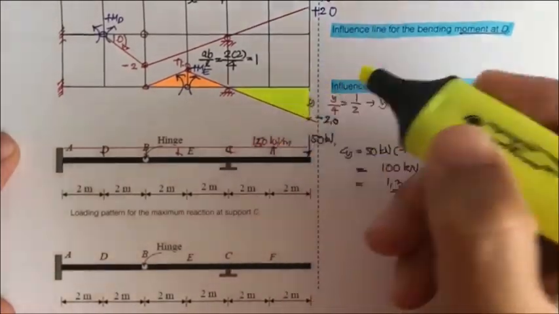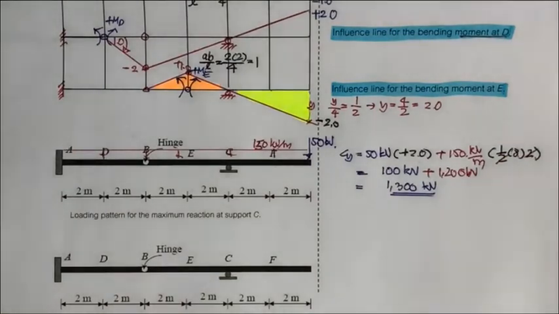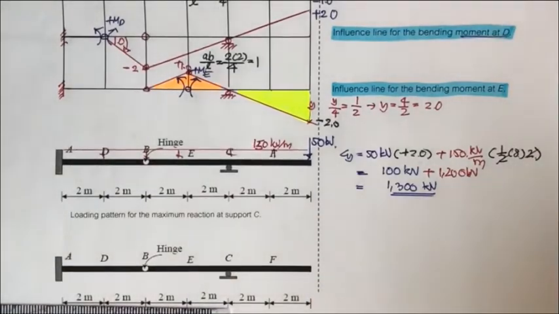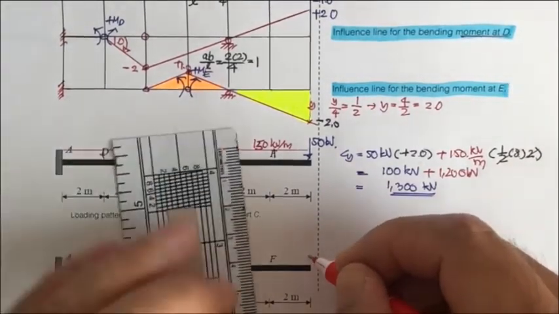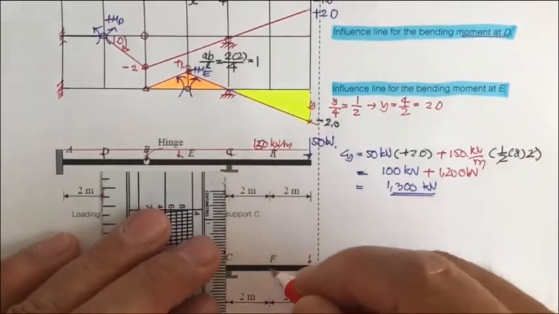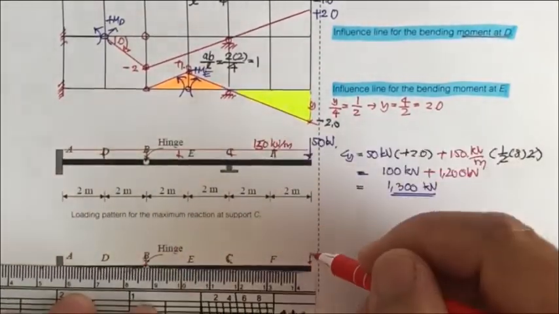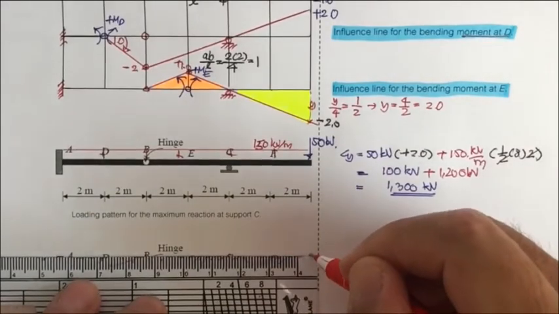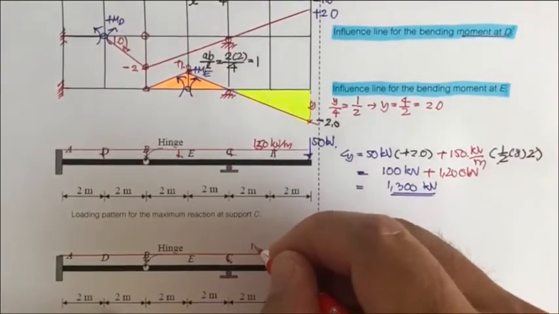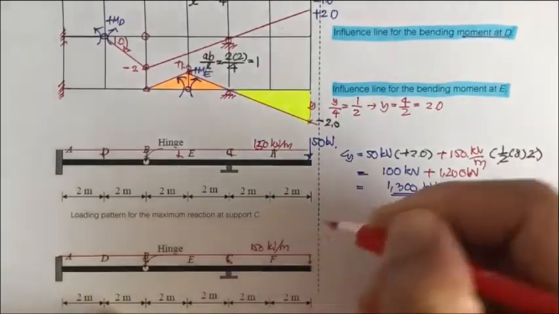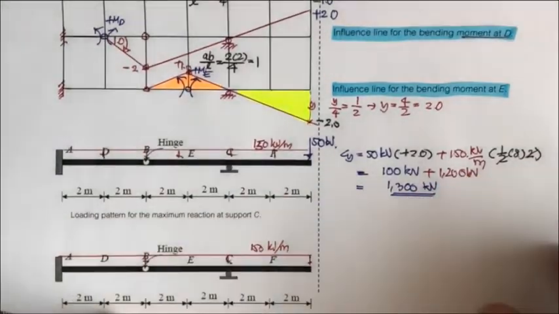It's going to be the governing portion. Okay. Anyway, the distributed dead load won't make a difference. Just put the 150 kilonewton per meter as before along the whole length.